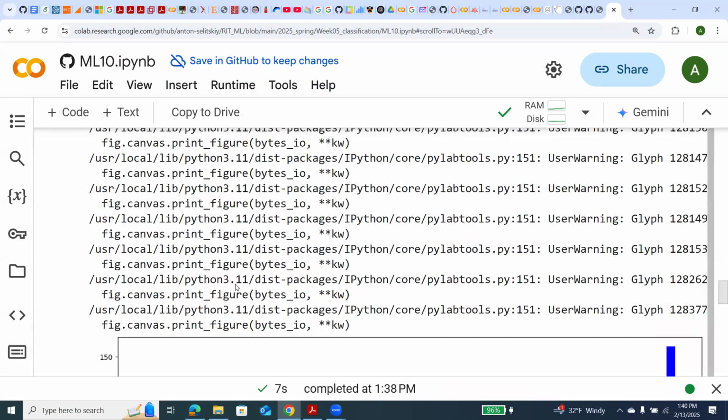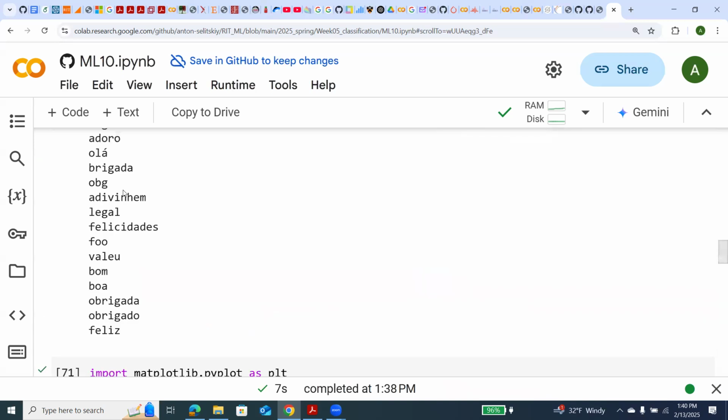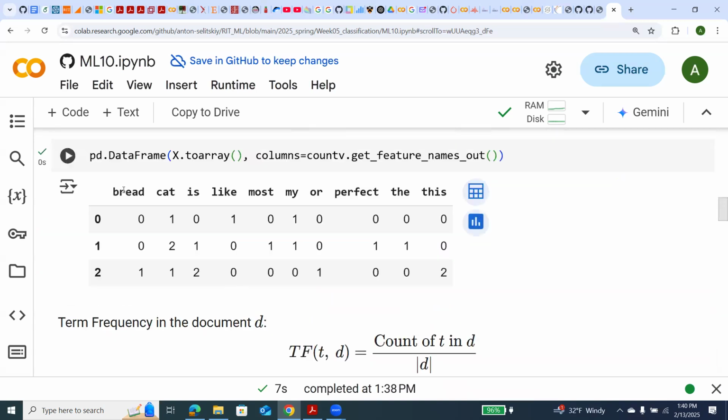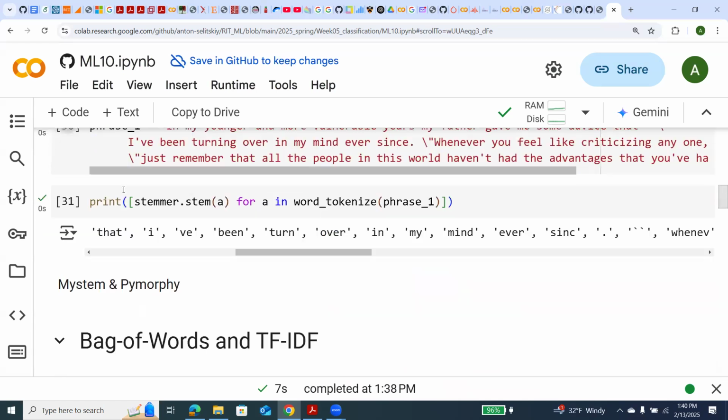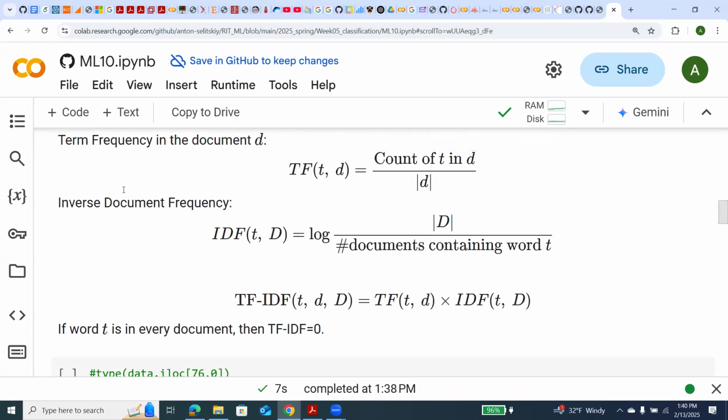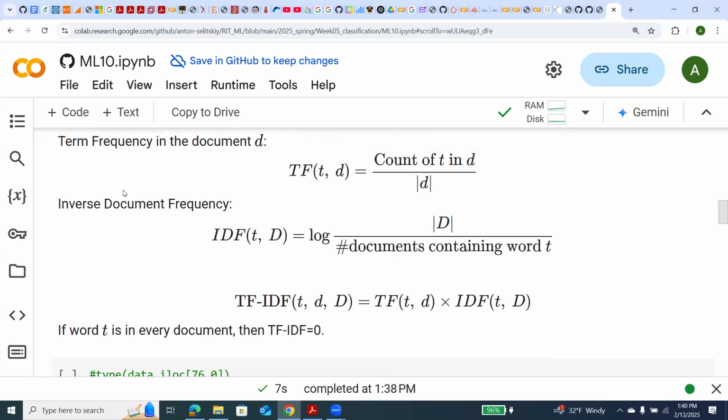I want to talk about TF-IDF vectorizer in a few words. So, instead of just counting the entries of your words in your input text, you can take care of the frequency. So this is the frequency of the word in the document.